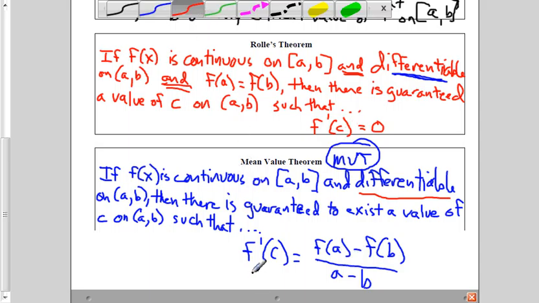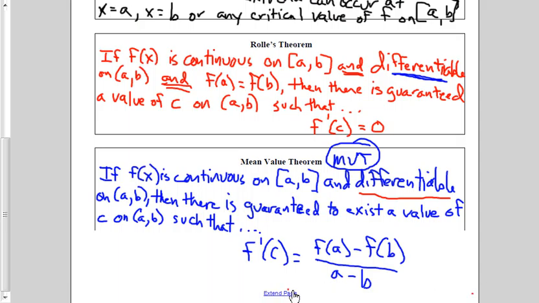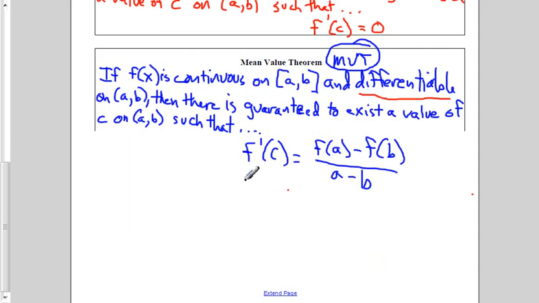Let me just quickly write that down. What is f prime of C equal to? That is, this is the slope of the tangent line, and somewhere on that interval, the slope of the tangent line must equal the slope of the secant line.